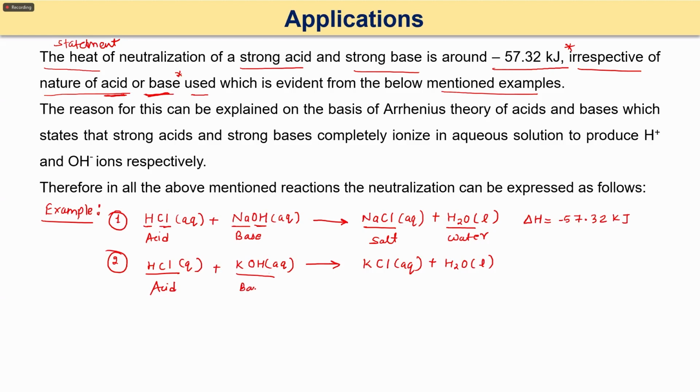After neutralization they will form potassium chloride, that is the salt, and water. And it has been found that the heat of neutralization in this case is minus 57.32 kilojoule. Again, here we are getting the heat of neutralization as minus 57.32 kilojoule.